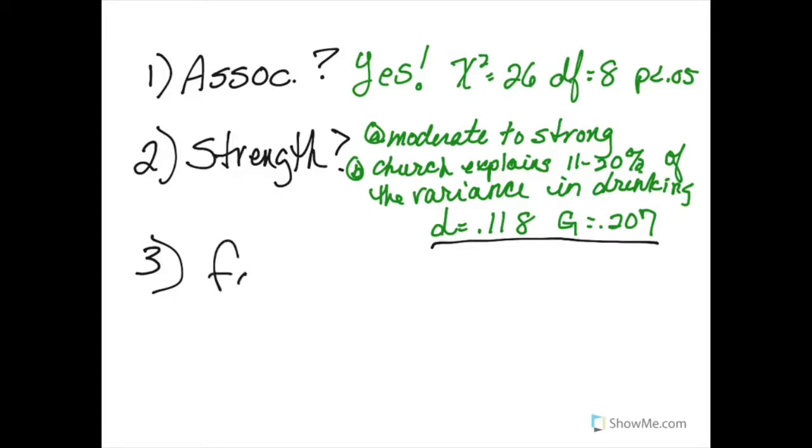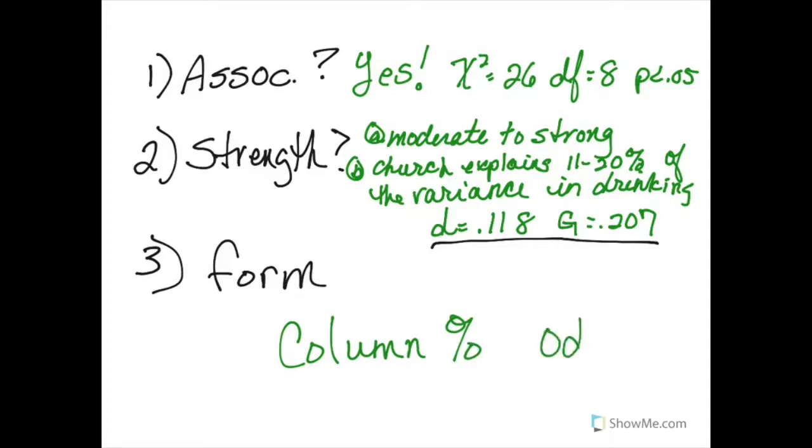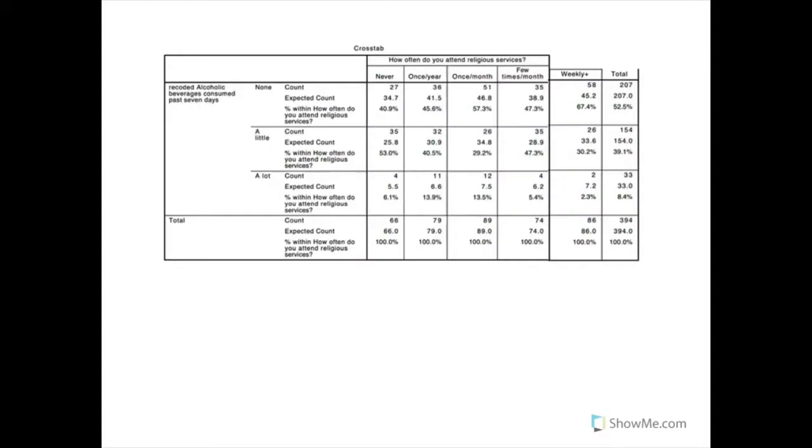Now, the last thing that we want to look at is form of the association. Now, to keep things simple here, we're going to be taking a look at column percents and odds. More technically, odds ratios. So we need to go back and take a look at that crosstab.